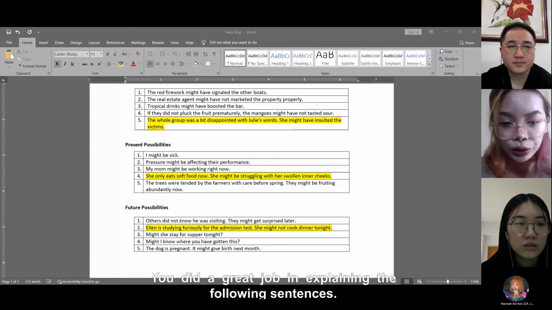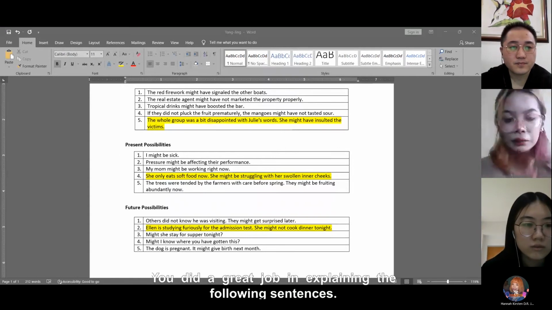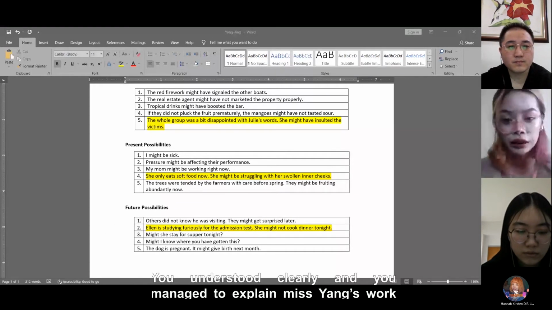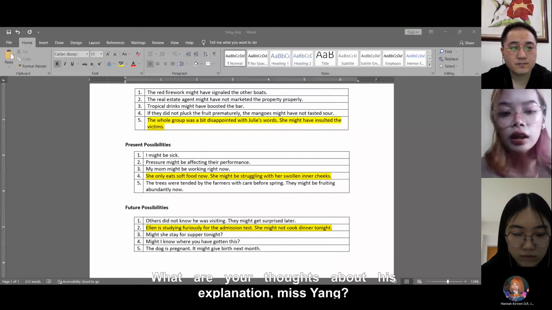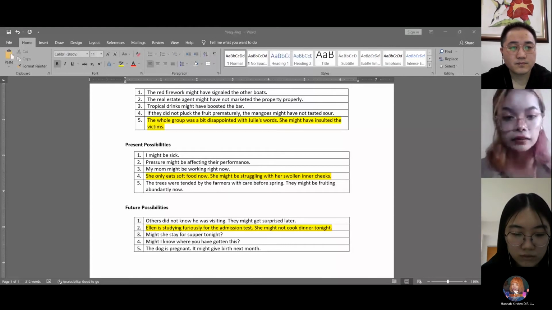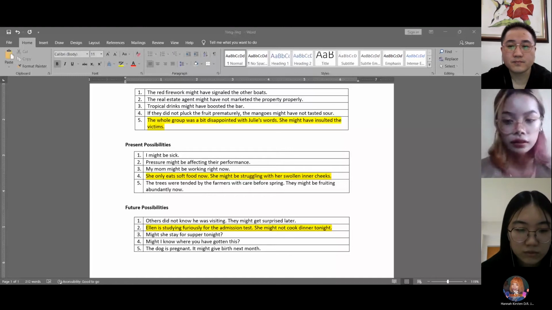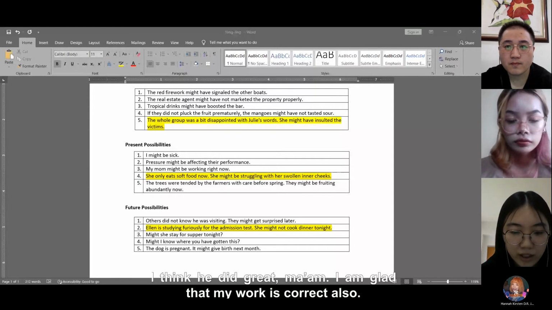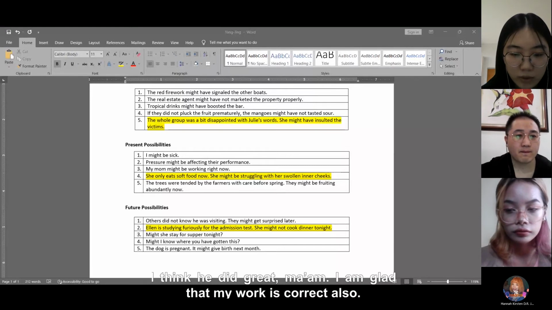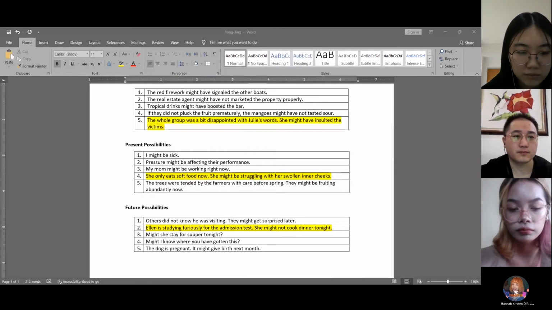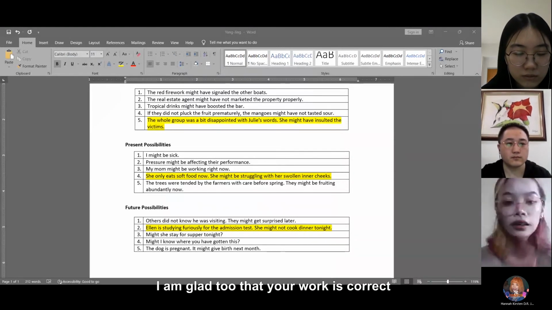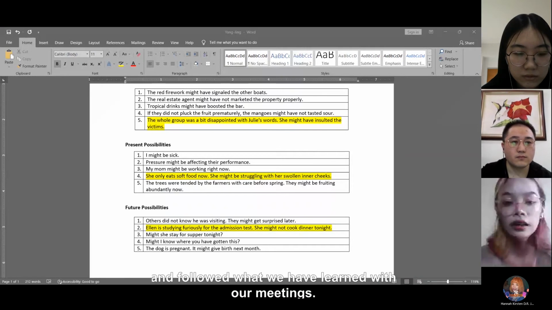Thank you, Mr. Wang. You did a great job in explaining the following sentences. You understood our lesson clearly and you managed to explain Miss Yang's work descriptively. What are your thoughts about his explanation, Miss Yang? I think it is great, ma'am, and I'm glad that my work is correct also. I'm glad that your work is correct and followed what we have learned in our meetings.